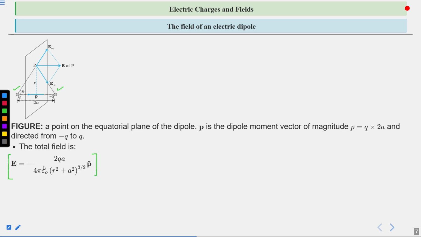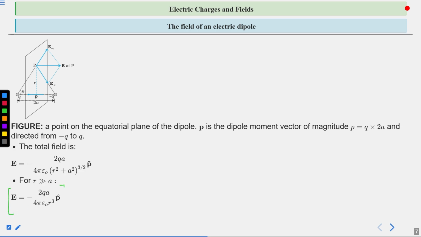Now there is a condition: if r is greater than a, in that case the electric field is E equal to minus q a 2 divided by 4 pi epsilon naught r cube, p cap.